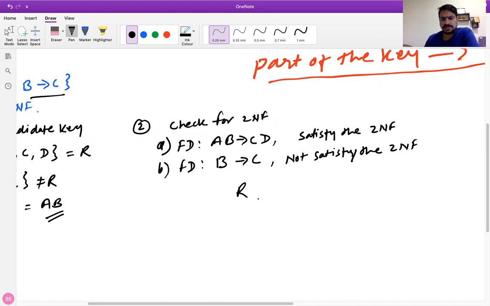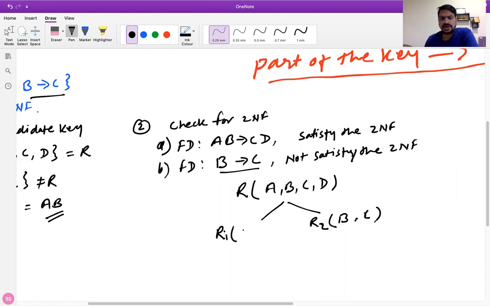So the relation is A, B, C, D. This will be divided into two parts. In one relation, we should have this functional dependency, which is B and C. So it will be, let's say, R2.